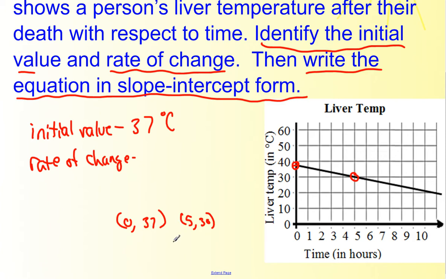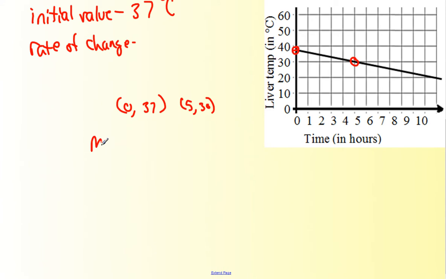And from those 2 points, we could find slope using our slope formula, which is m equals y2 minus y1 over x2 minus x1. So we've got x1, y1, x2, y2. This is the x and y value of the first point, x and y value of the second point.